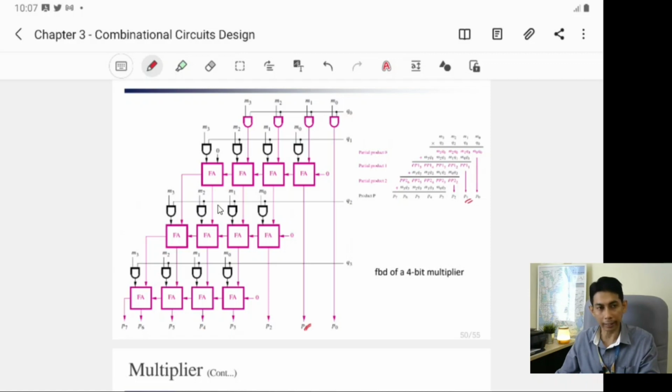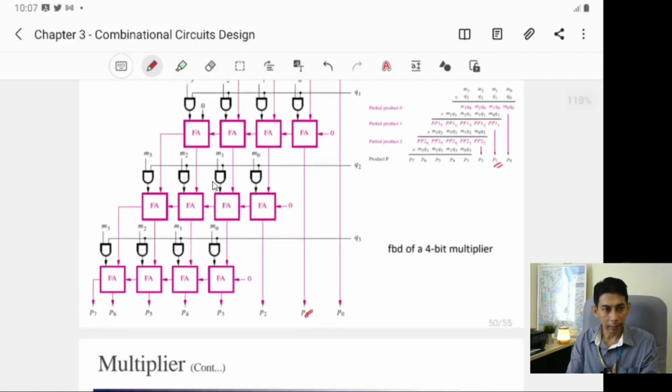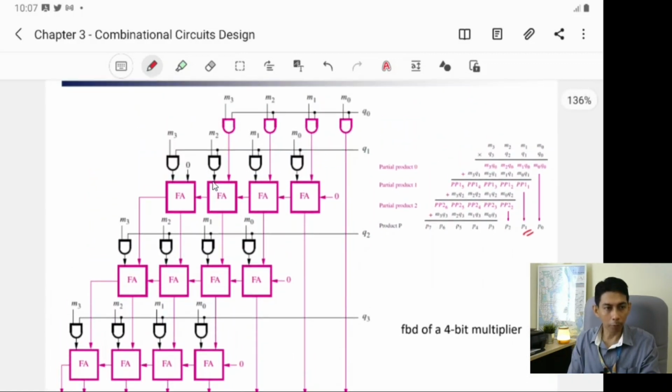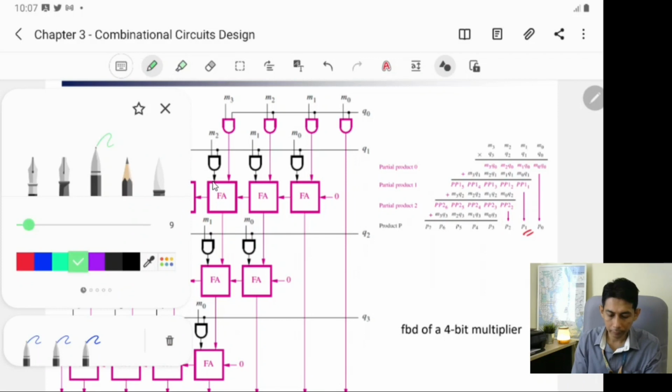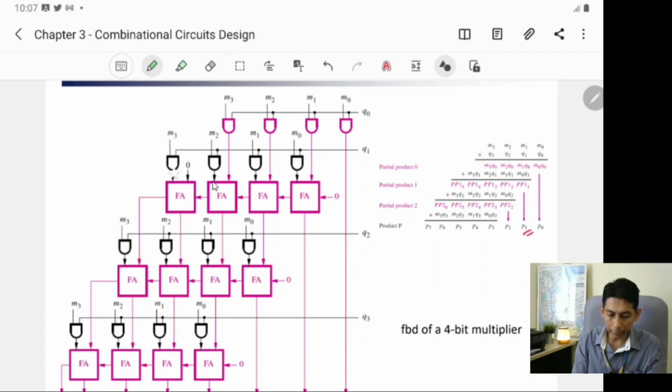It looks complicated, right? But although it looks complicated, you can see here that the pattern is repeated. This one is actually the same as this one.